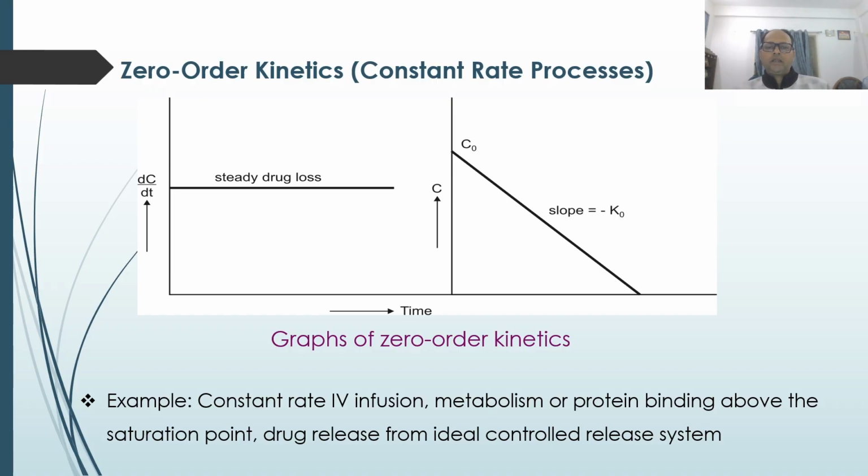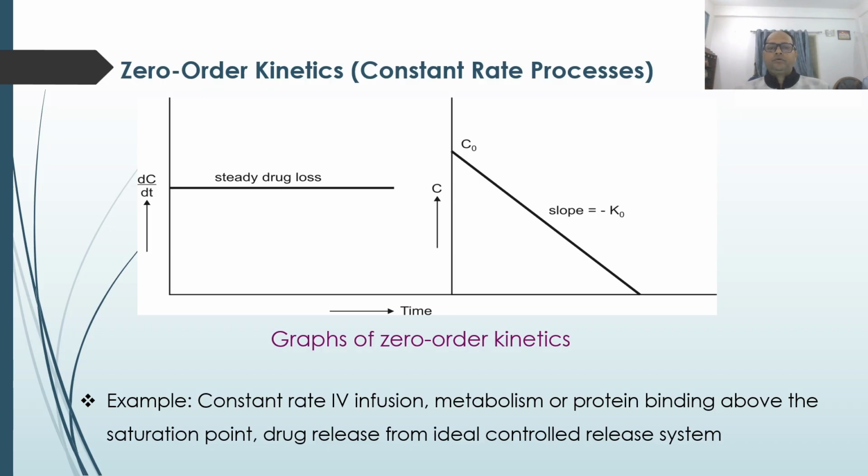When you plot a graph between plasma drug concentration and time, there will be a constant decline from the initial drug concentration, that is C0 is constantly declining, and it is linear, following linear kinetics when you plot C versus time.